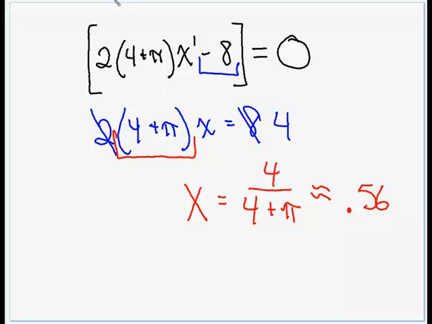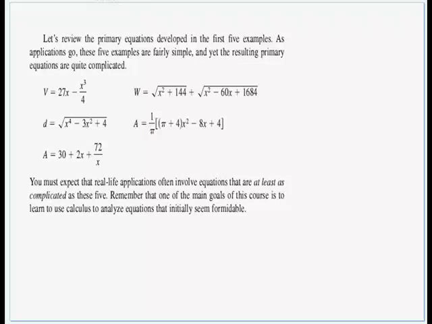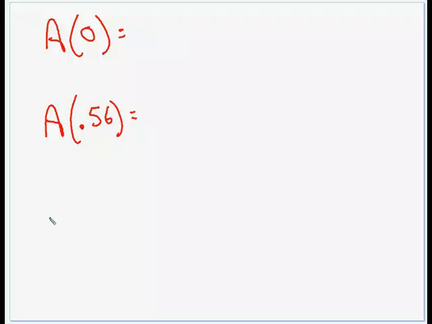We're going to check that critical number and the endpoints in the original function. So A of 0, A of our interior critical number, 0.56, and A of 1. So we were trying to maximize area, so we want to find which of these is the largest.